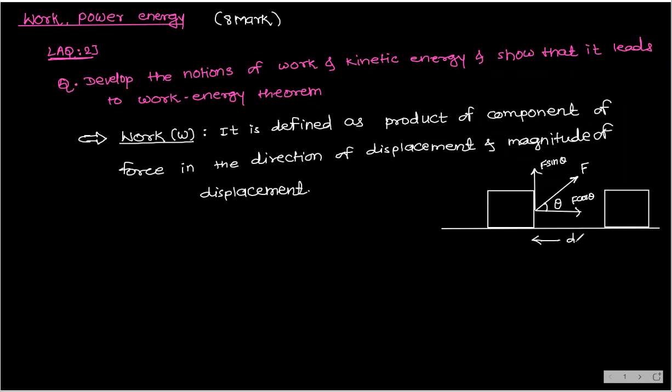Whatever this block has displaced, let us suppose that is D. Now if I want to find work, W is equal to the component of force in the direction of displacement, F cos theta, into D. So can I write F bar dot D bar? As it is a dot product, W is equal to F bar dot D bar, that is nothing but F D cos theta. Understood?